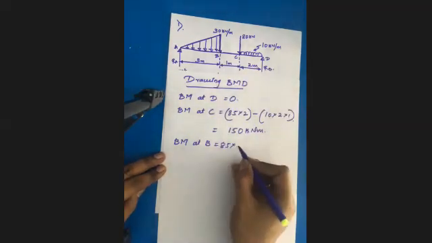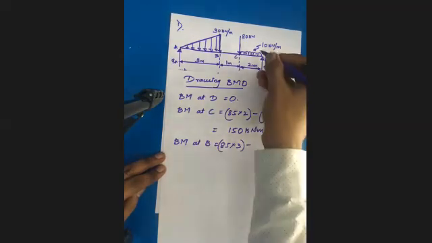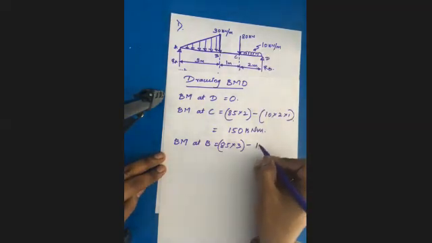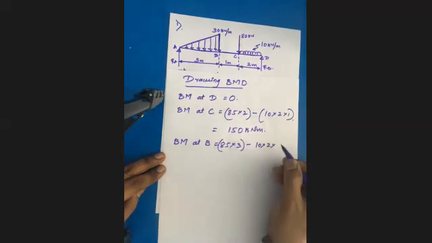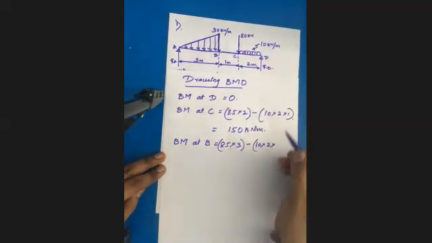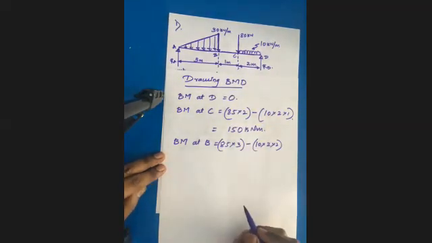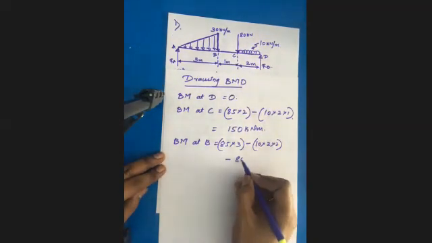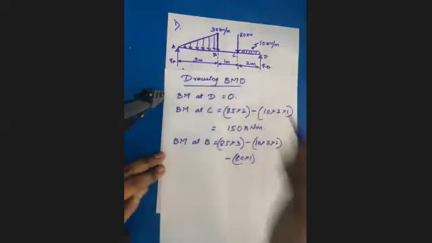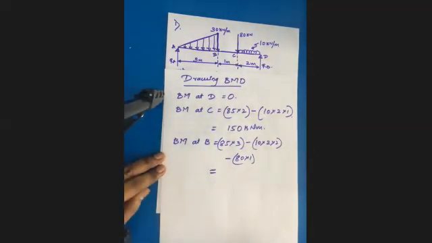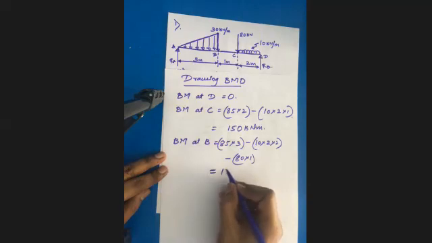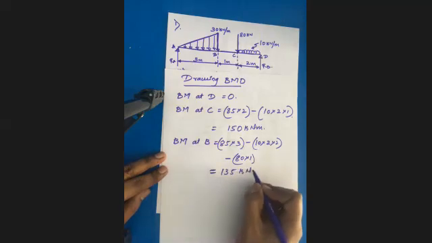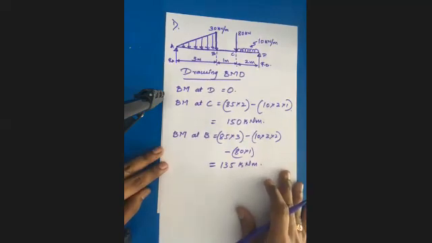This distance is 3, minus 10 into 2 into, this distance again becomes 2, minus 80 into this distance, which is 1. So bending moment at this point B becomes 135 kilonewton meter.